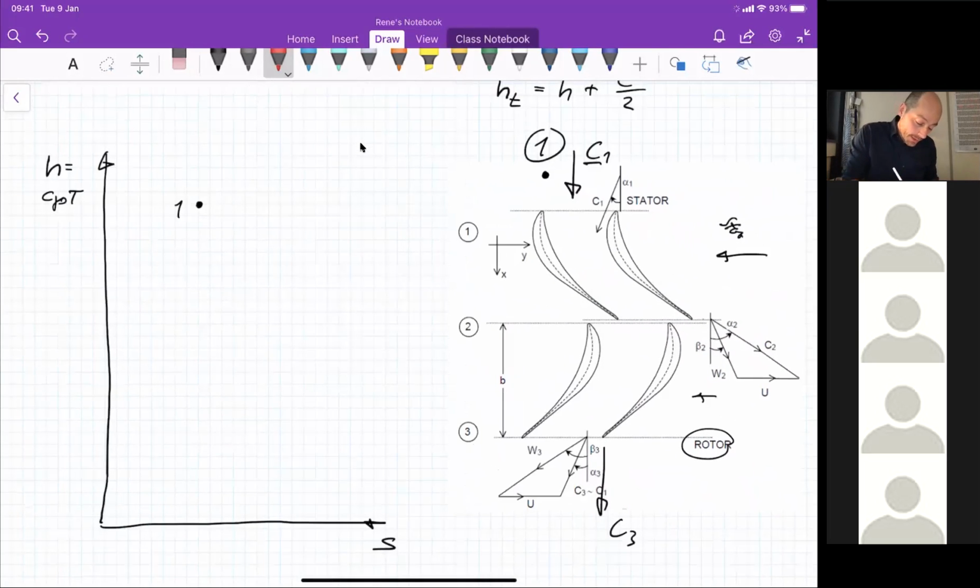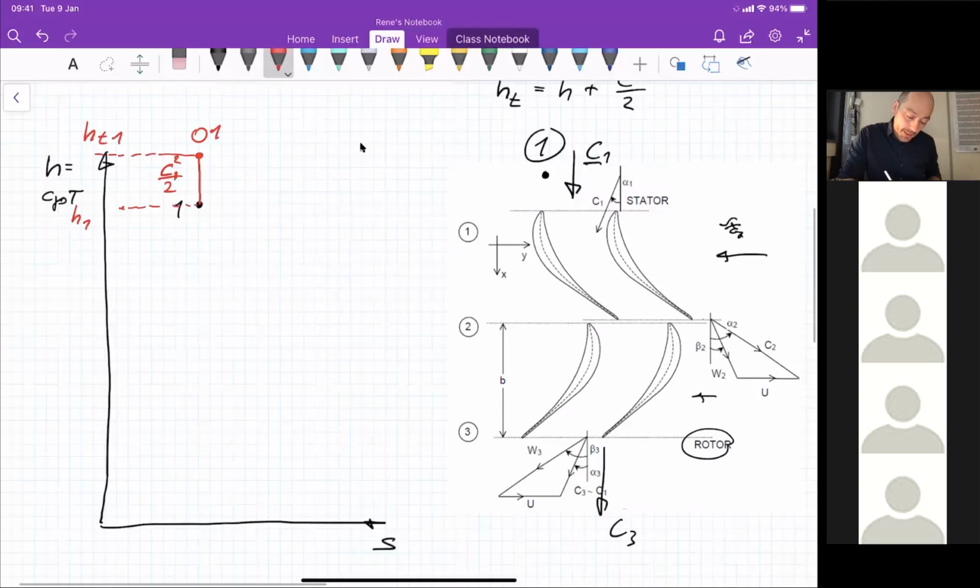Which means that this one here is C1 squared divided by 2. The kinetic energy at the inlet gives me the total condition at point 1, which means this one is H total 1, and this will be H1.